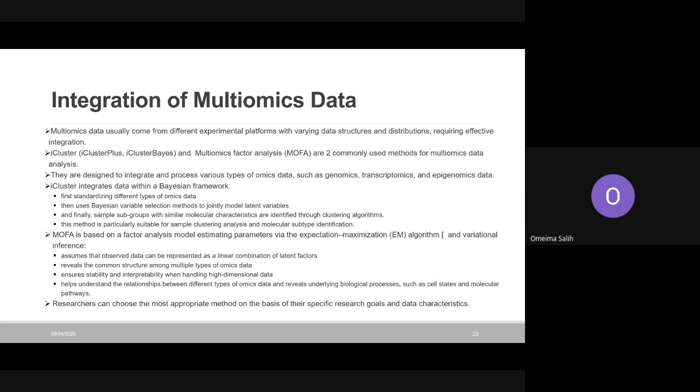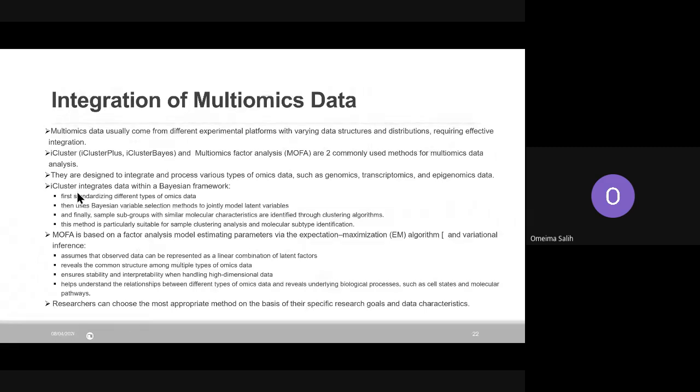For example, iCluster uses a Bayesian framework, and it's a specific package. But the most important thing for these two is that they are able to integrate data from genomics, transcriptomics, epigenomics. So they have a wide array of data they can integrate, unlike the other tools.